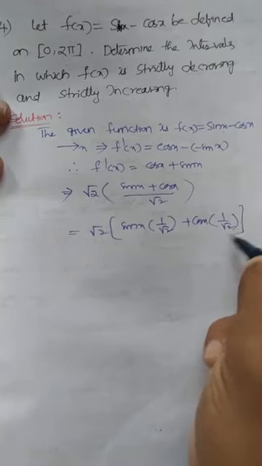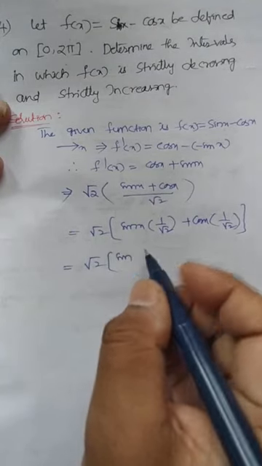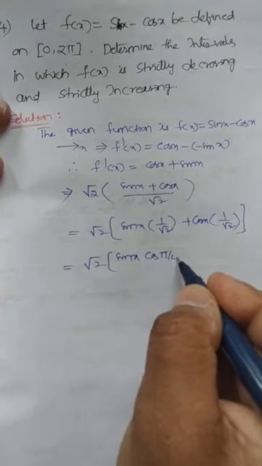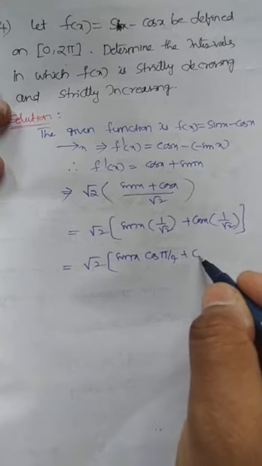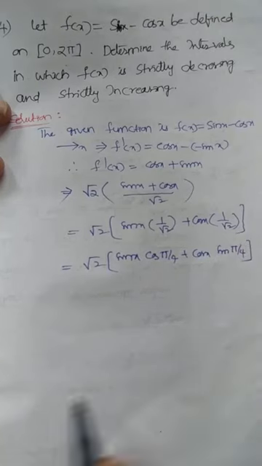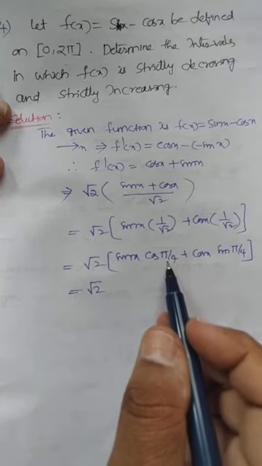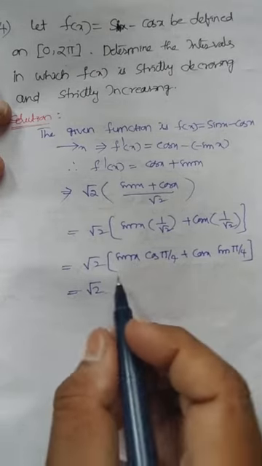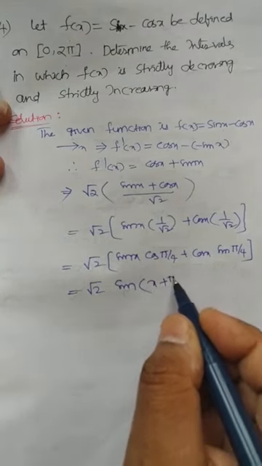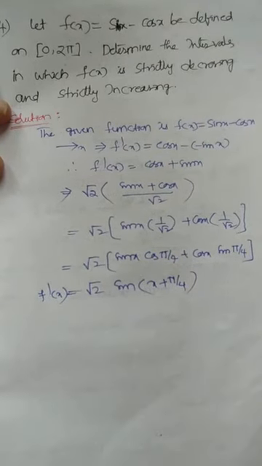Now cos pi by 4 is 1 by root 2, and sin pi by 4 is also 1 by root 2. So it is in the form of sin a cos b plus cos a sin b, which is sin of a plus b. So f dash of x is root 2 into sin of x plus pi by 4.